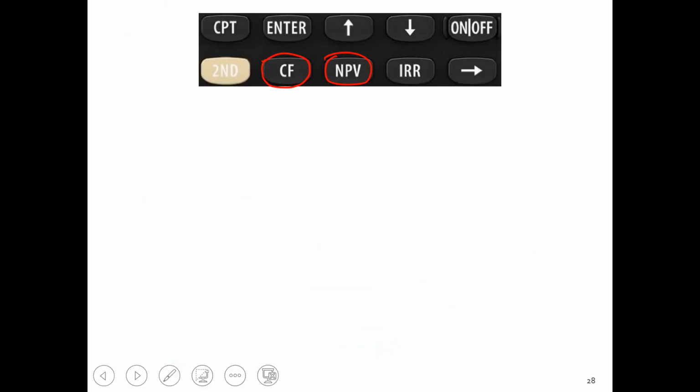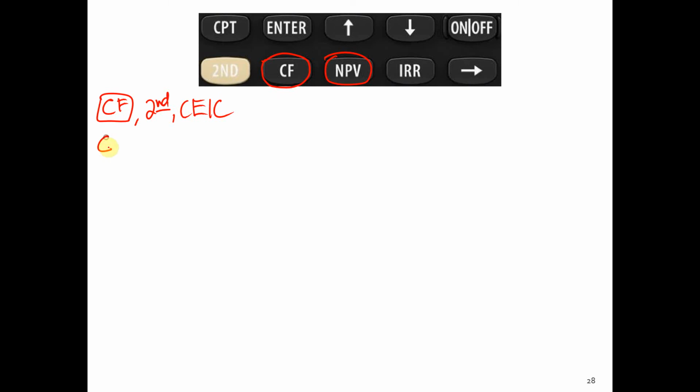So the first step really is to enter all the cash flows into the cash flow worksheet. So you hit that CF button and you hit second function clear down at the bottom left, and that clears out all of the old cash flows in your cash flow worksheet.